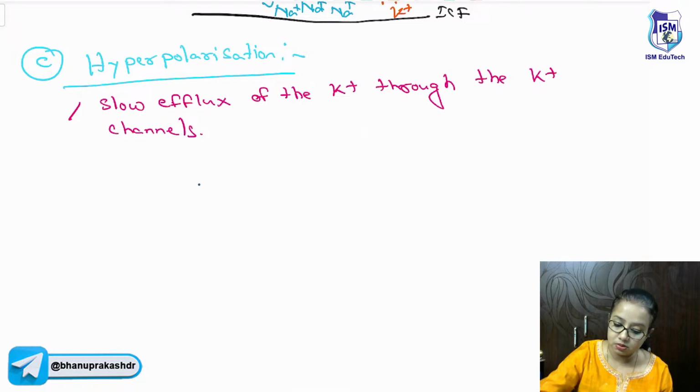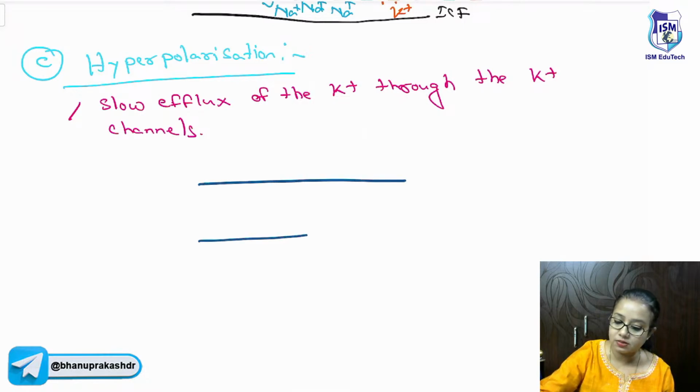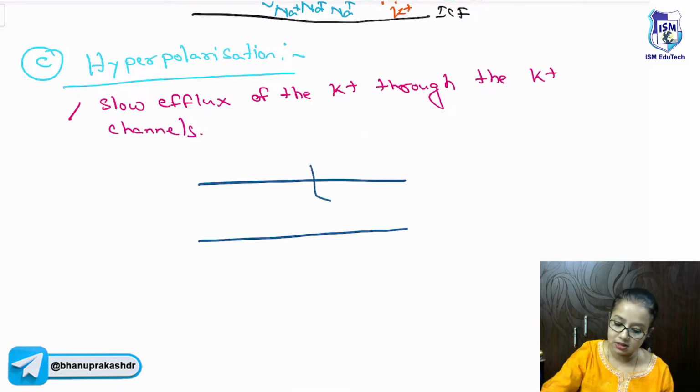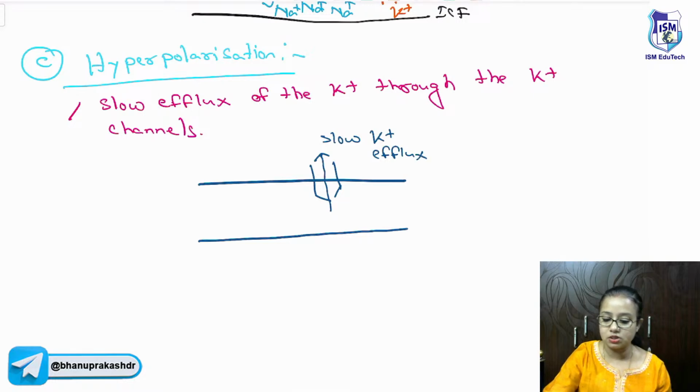Now, the opening and closing of the potassium channel is not as fast as that of the sodium channel. So here there is very slow potassium efflux. This slow potassium efflux causes washout, or loss of more positive charge than it should.